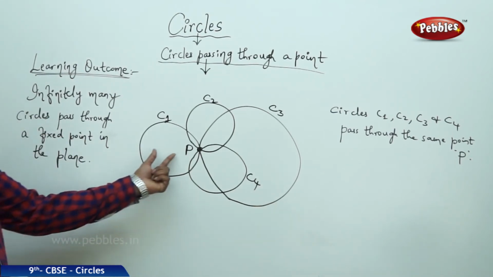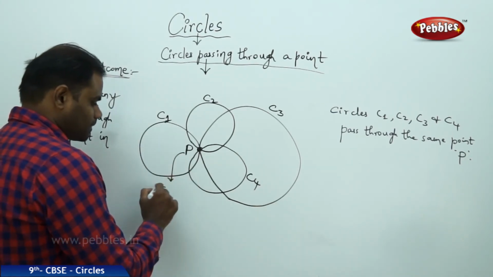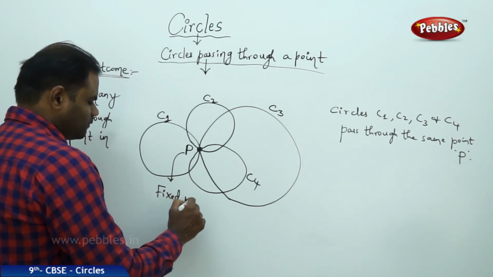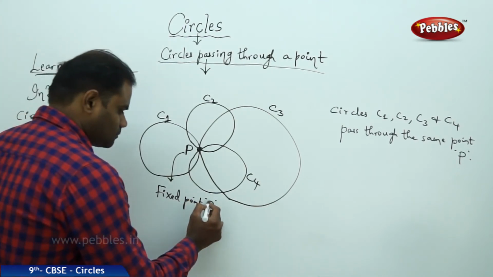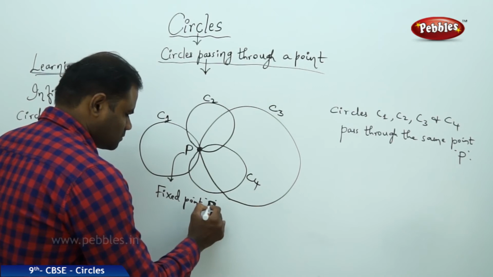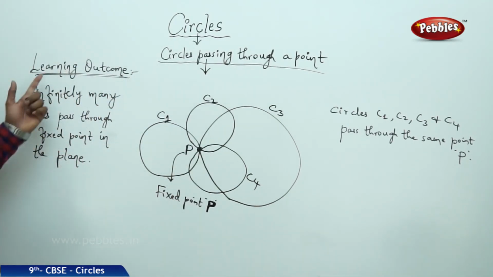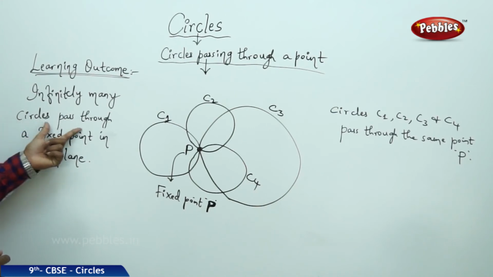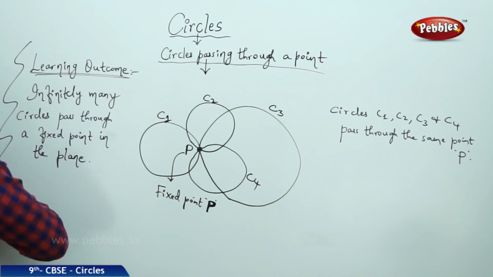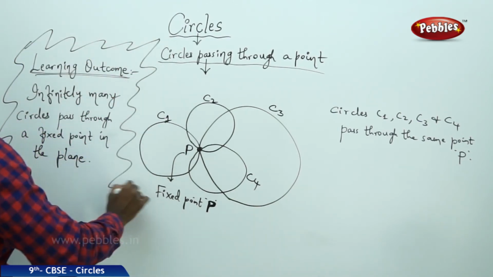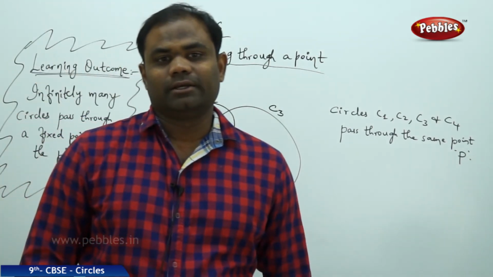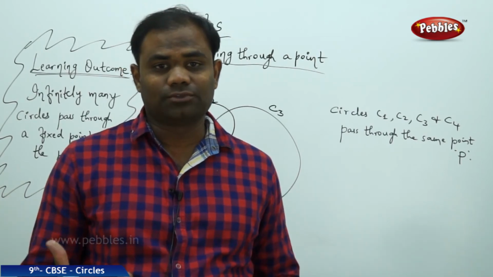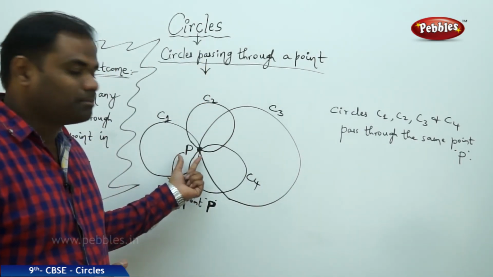So here my fixed point is P. So my learning outcome here is infinitely many circles pass through a fixed point in the plane, is how I understand infinitely many circles passing through only one fixed point, point P.